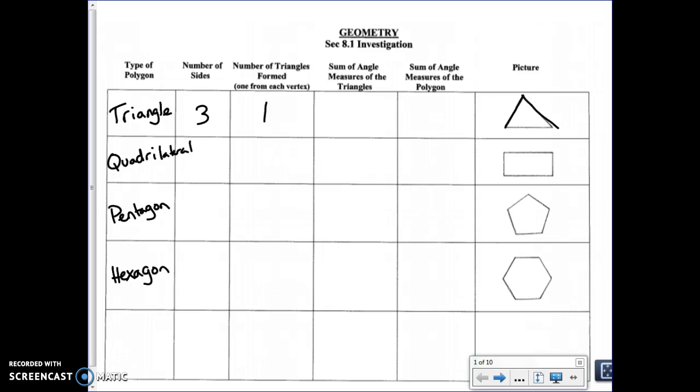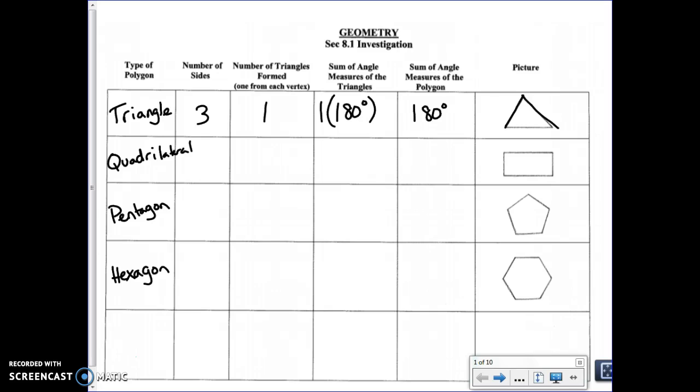So we have just one triangle. So the sum of angle measures of the triangles then would be 180 degrees since we have one triangle. So 1 times 180. The sum of the angle measures of the polygon then, well, the polygon is a triangle, so that would be 180 degrees.